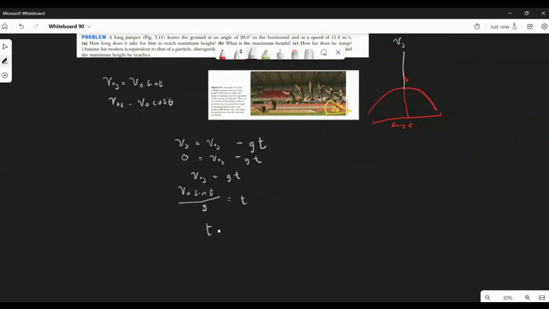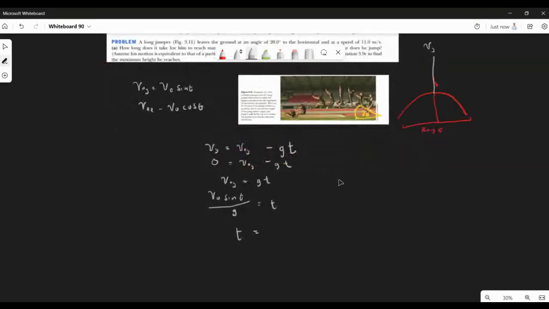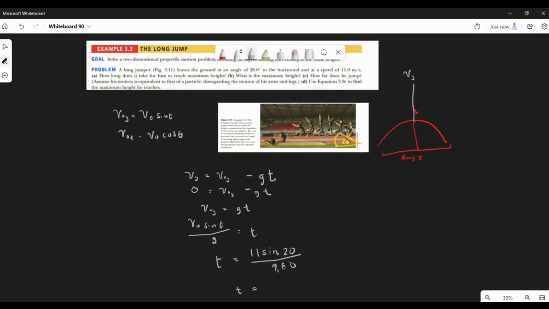My brain's shutting down. So then we have 11 meters per second times sine of 20 degrees, divided by 9.80. That should give you the time it takes for him to get there. You guys happy with that?